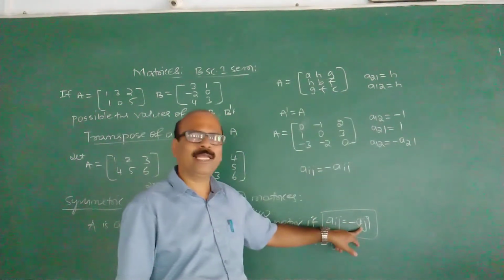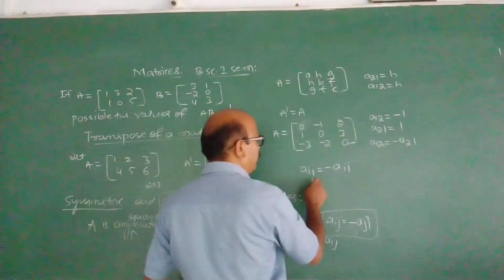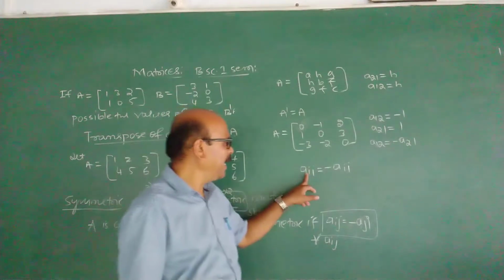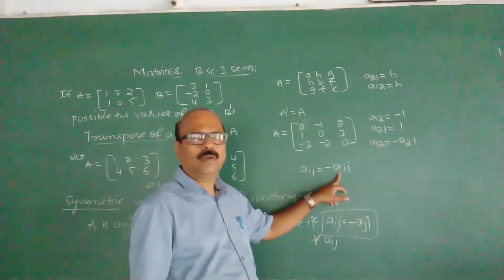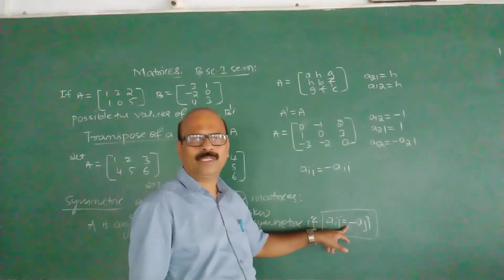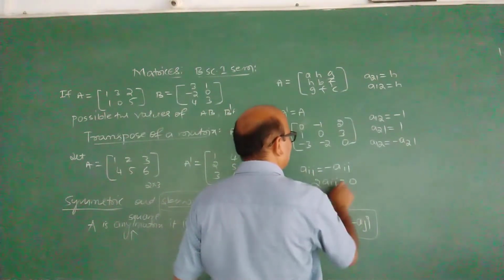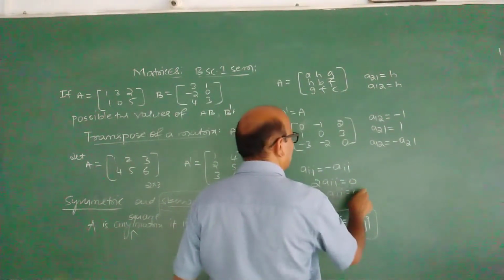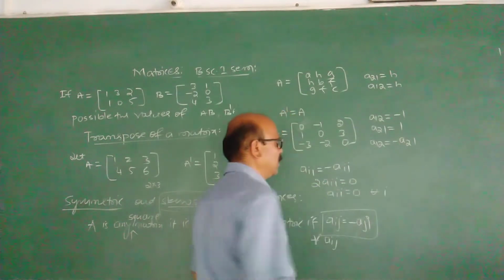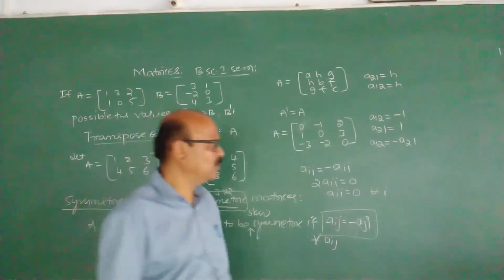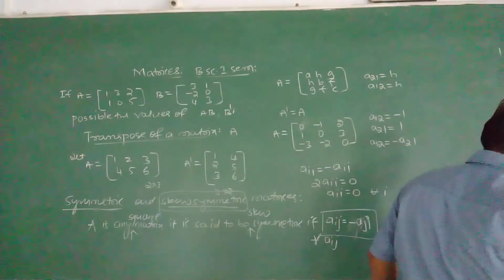Aii must be equal to minus Aii. Therefore, for a skew symmetric matrix, Aii must be equal to minus Aii. That is the definition. Now, this implies 2Aii is 0, Aii is 0 for all i. What does this indicate? Every diagonal element is 0. That is skew symmetric matrix.